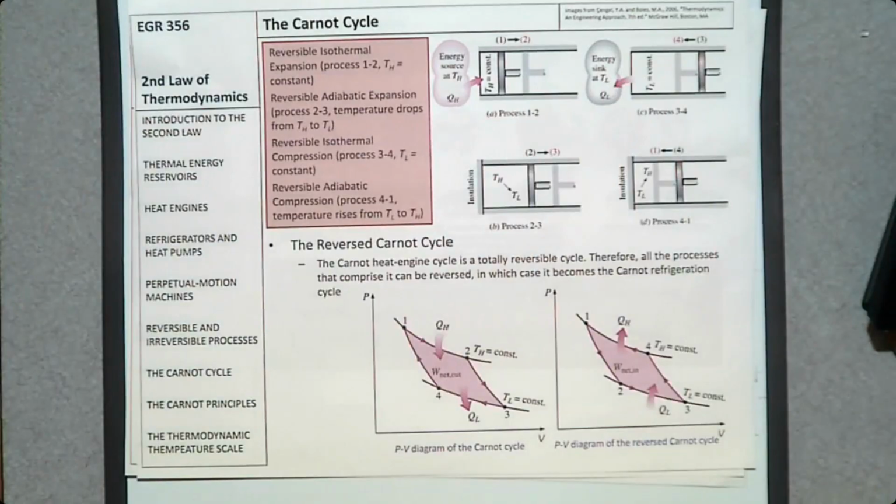So the theoretical ideal cycle is called the Carnot cycle. And in this Carnot cycle, we assume that every process in the cycle is going to be reversible. By that assumption, we can calculate its efficiency. When you calculate the efficiency of a reversible process, that is going to be the highest possible efficiency.